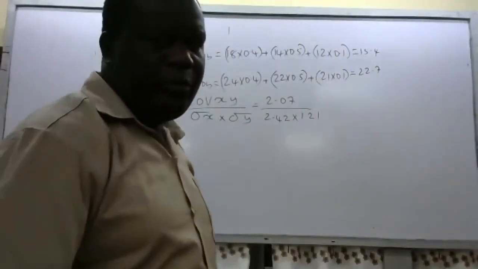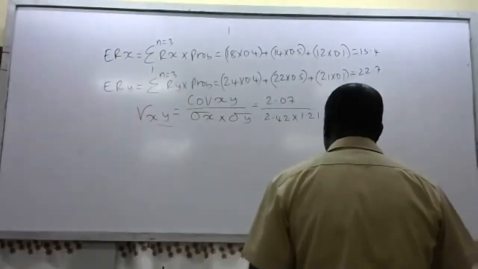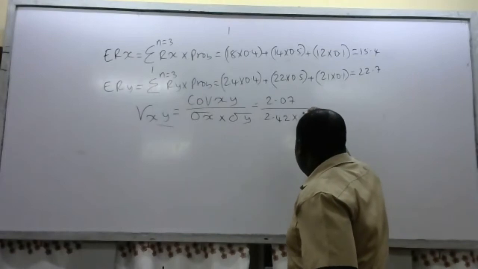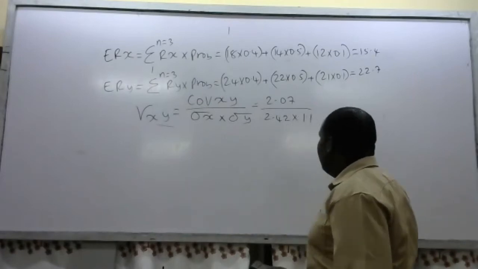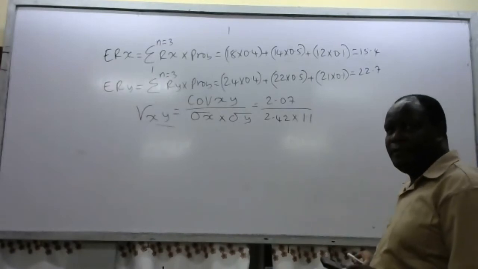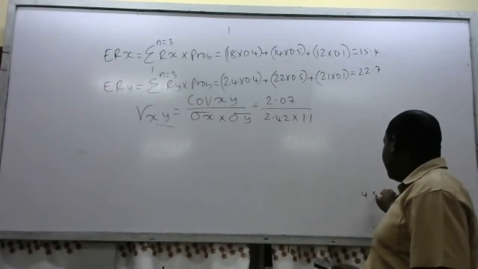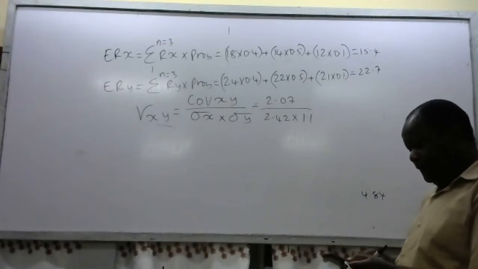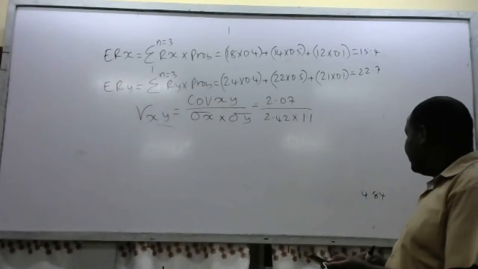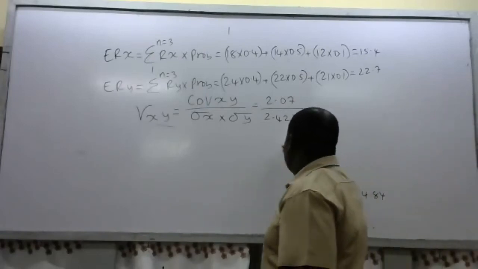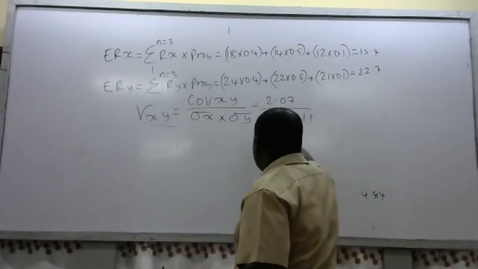When you compute the square root, this one should be 1.1, because what we have there is the variance. The other one is 4.84. To get the square root for that, this one should be 2.2.